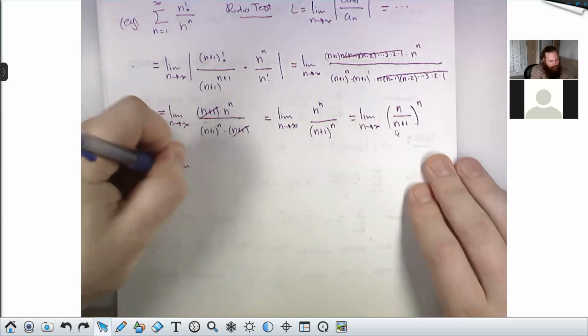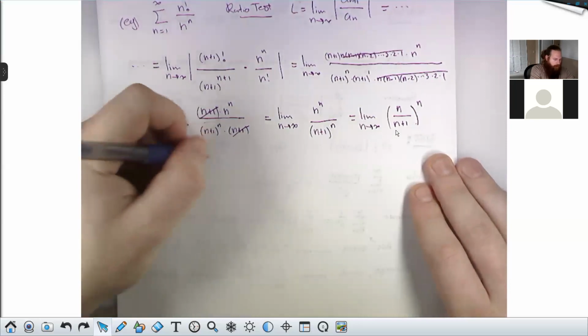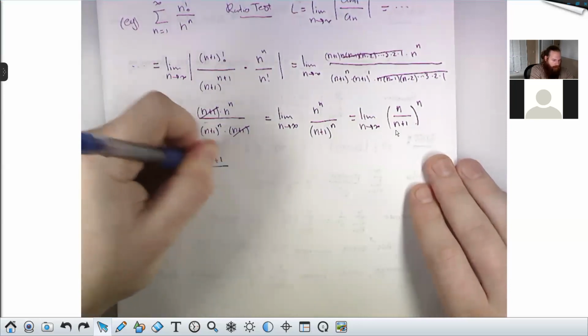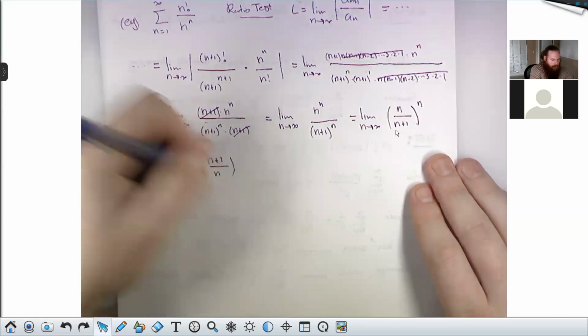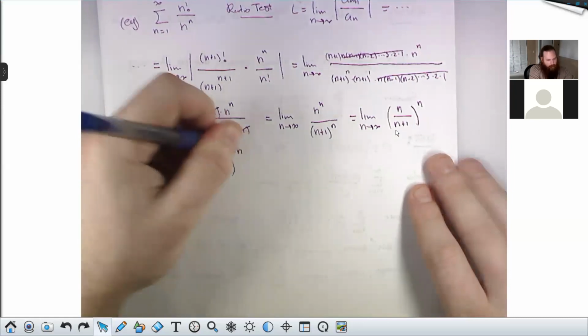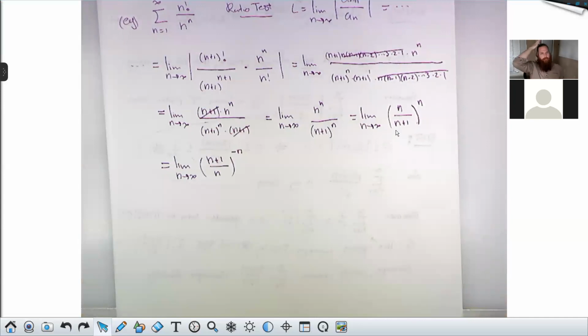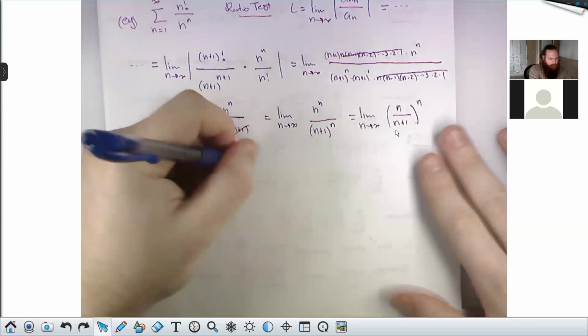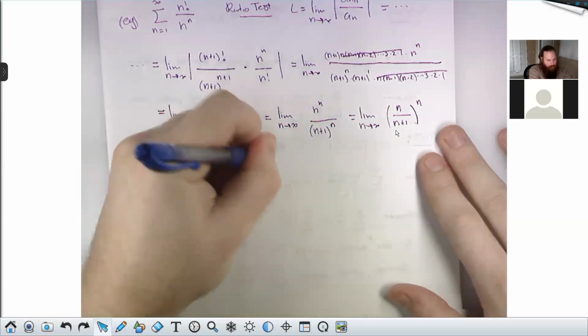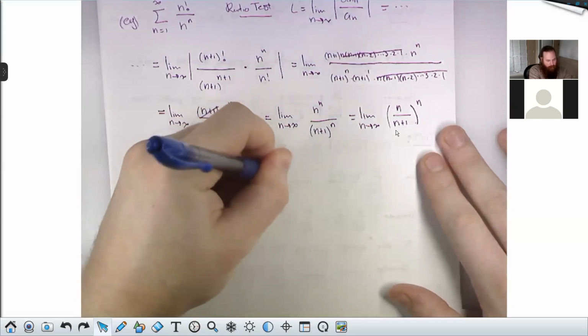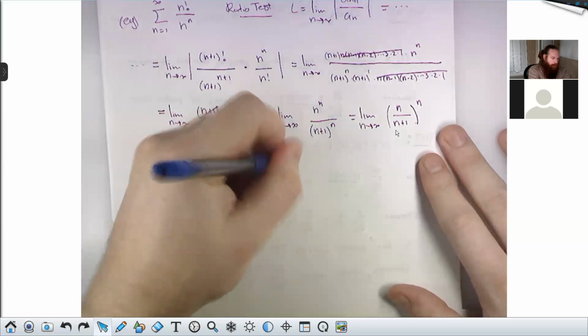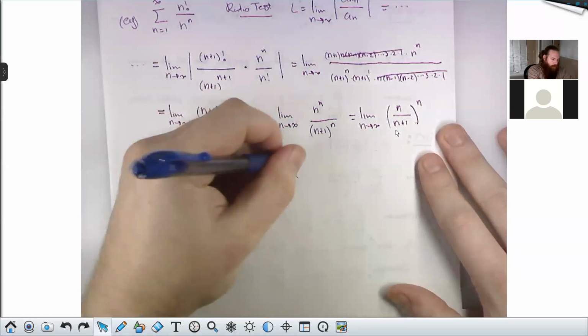This is the limit as n goes to infinity of n plus 1 over n all raised to the negative n. So I flip the inside and make the power negative. And then I split up the inside. I do this because I want to split up that fraction inside to make this look like my e to the ab limit. n over n is 1.